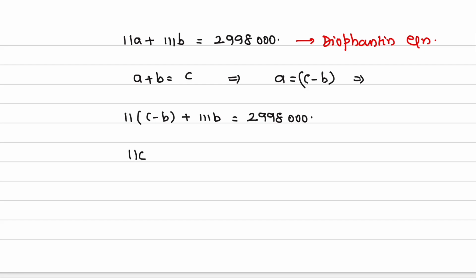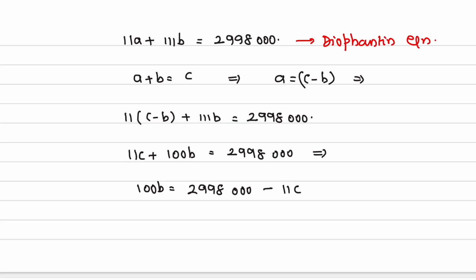That means 11c plus, if you remove 11 from 111, what will be the answer? 100b is equal to 2998,000. That implies 100b is equal to 2998,000 minus 11c.